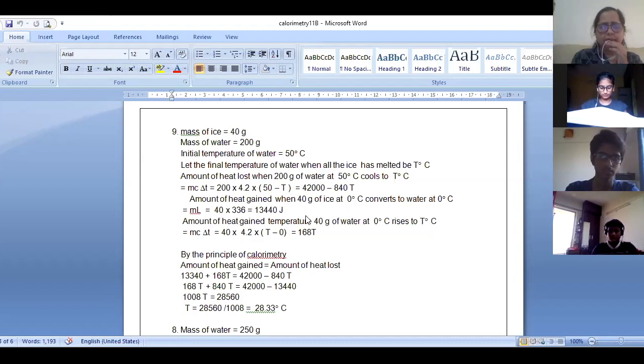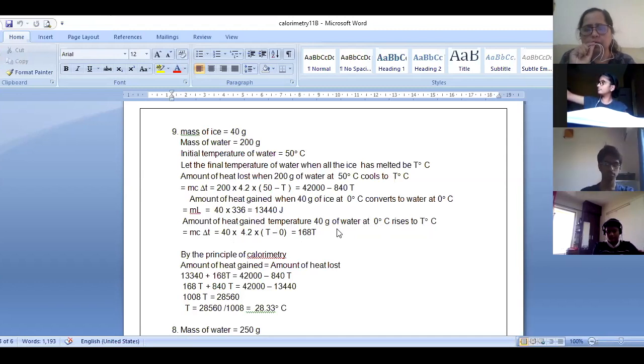So the next step is the temperature of 40 gram water. From where has this water come? From ice. Okay. And it is at 0 degrees. You have to increase it to T degrees Celsius, right? So you will do mc delta T. So for 40 into this, it will give you this. Understood? Any other doubts?